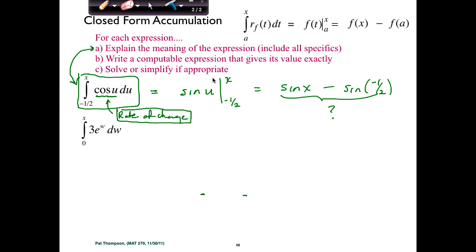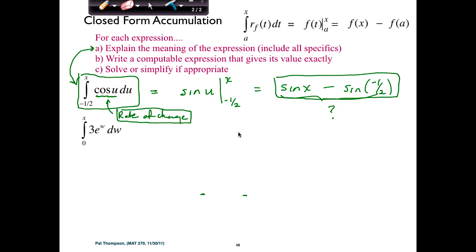Cosine. So the meaning of this, how does it compare to the meaning of this? Exactly the same.